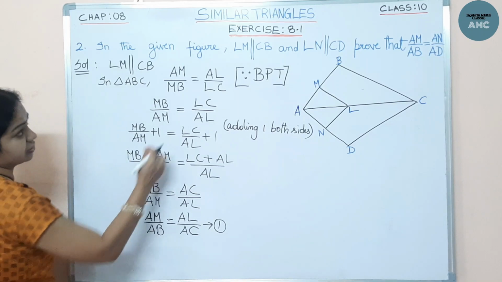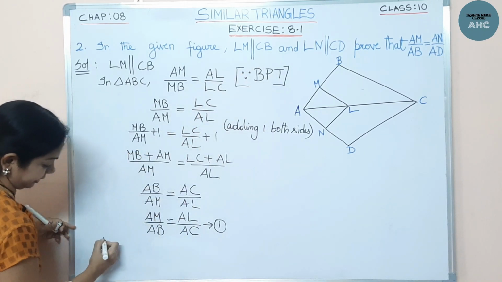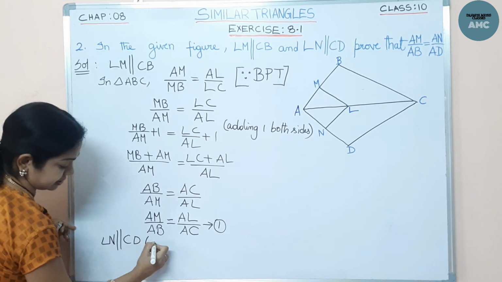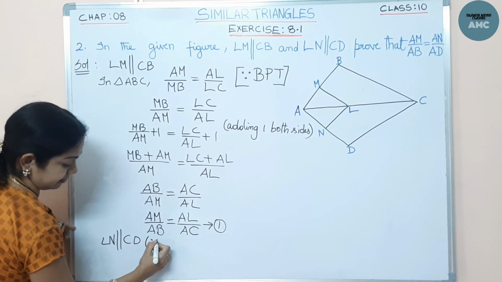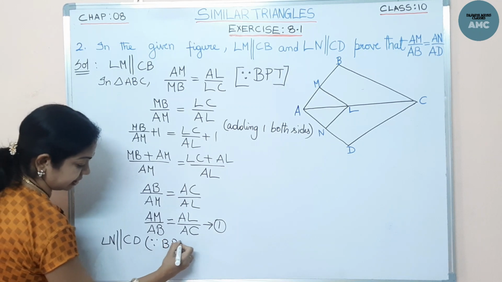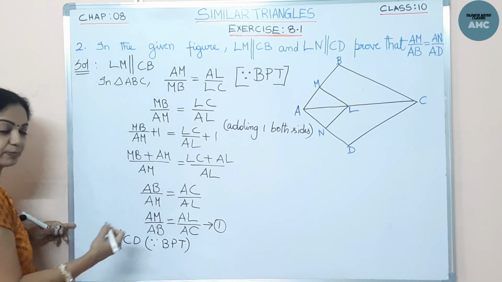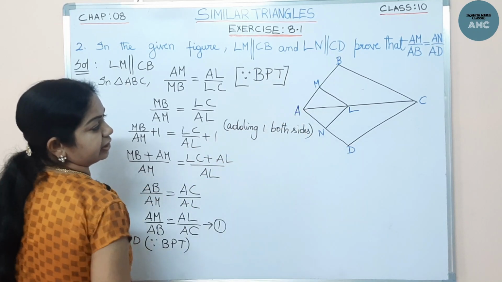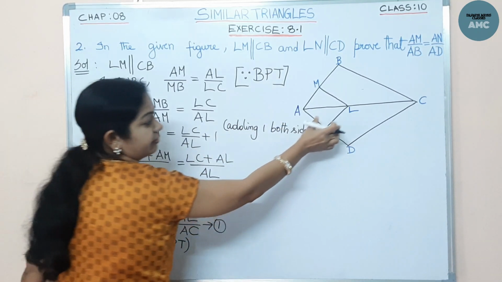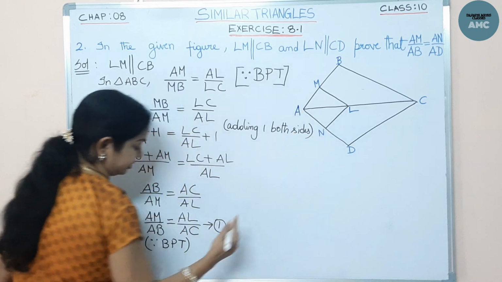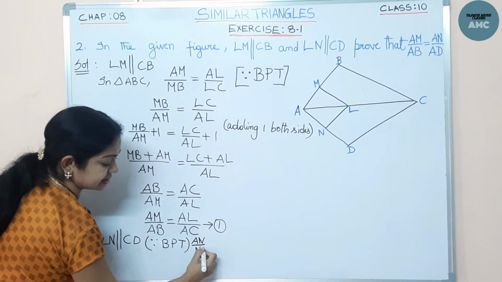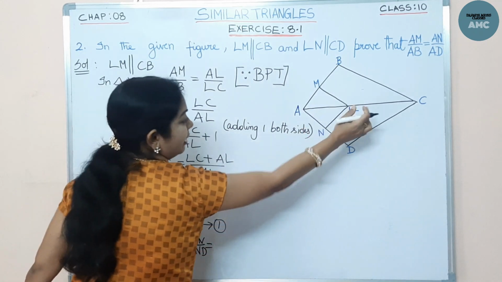Now also given that LN is parallel to CD. Since, according to the basic proportionality theorem, if a line is parallel, then the ratios are equal, isn't it? Consider this triangle: AN by ND is equal to AL by LC.